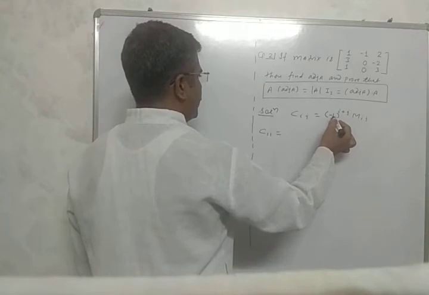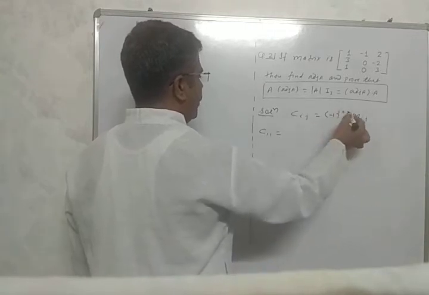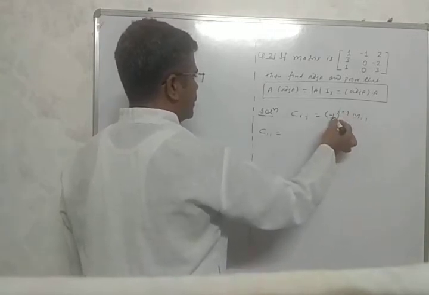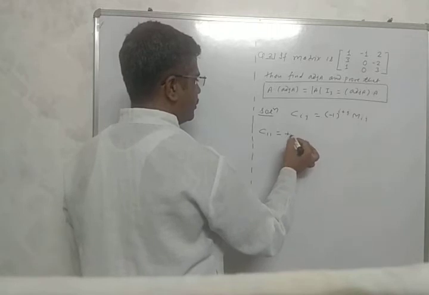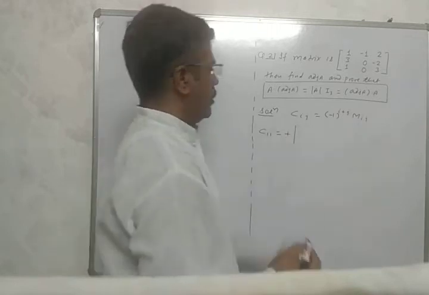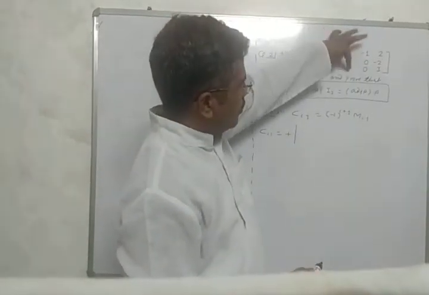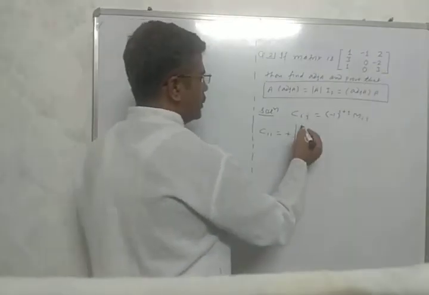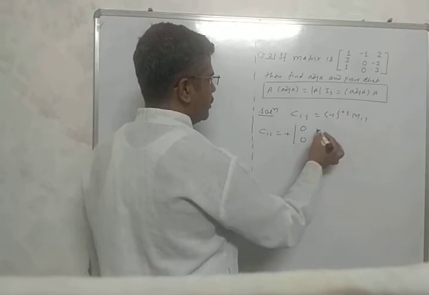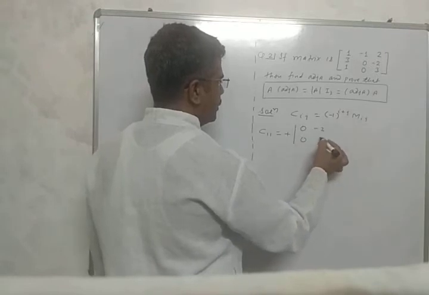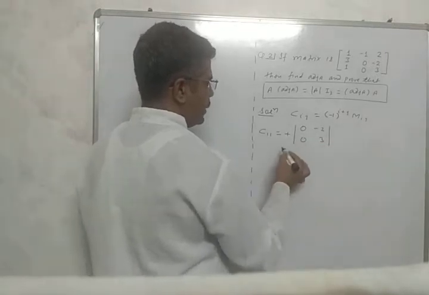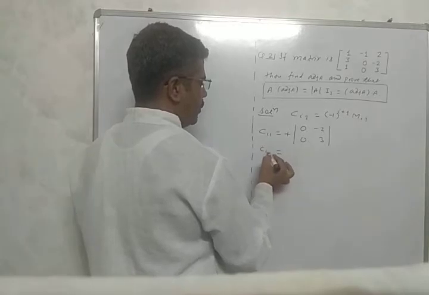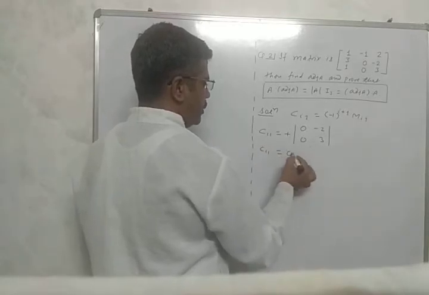We write 1 and 1, it is positive. This column and this row are deleted. We have 0 0, minus 2 3, and C11 gives 0.